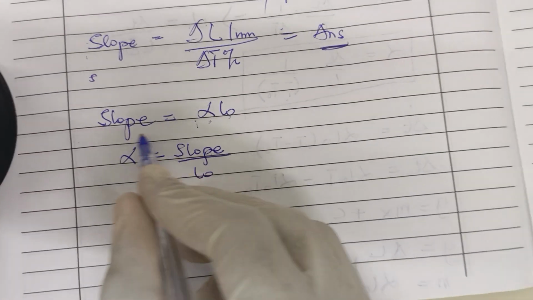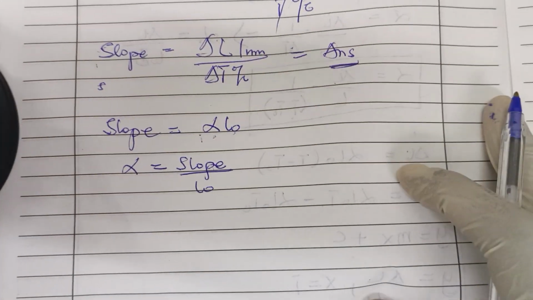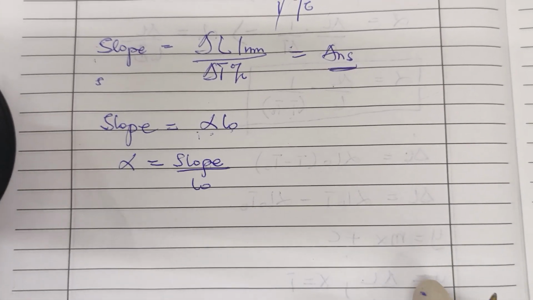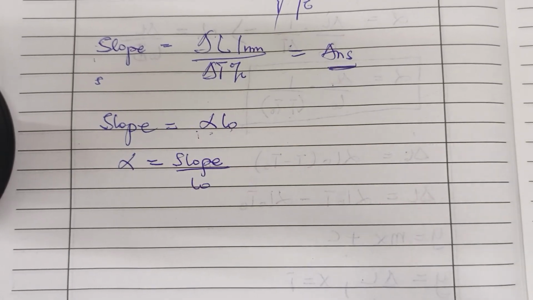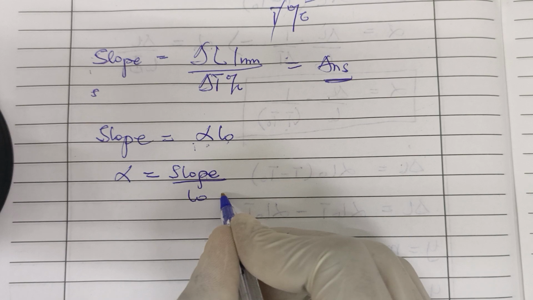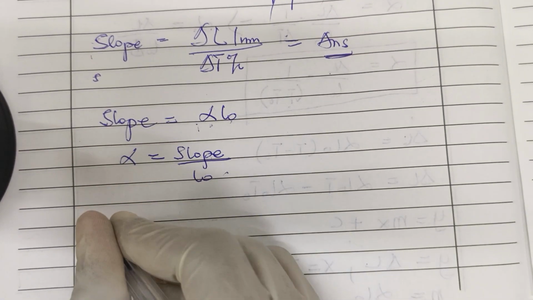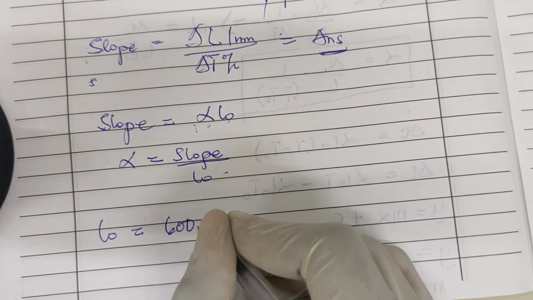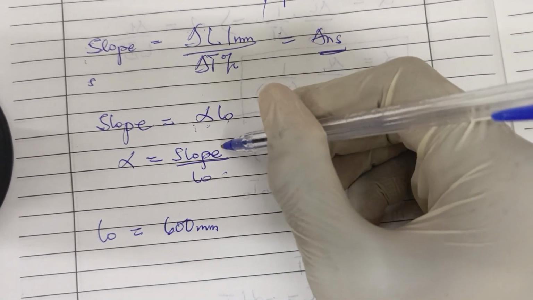So after finding our coefficient of linear expansion, or temperature coefficient, of the metal, now mind you, we know L naught already. L naught is 600 mm. We know this from our slope.